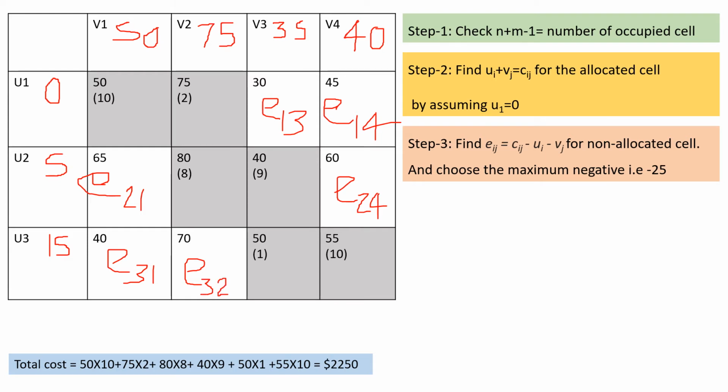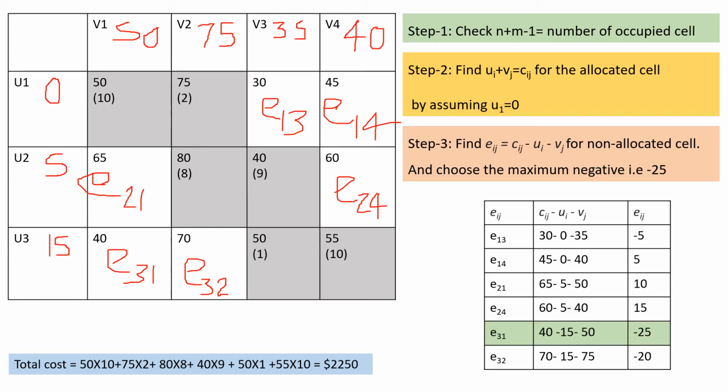We have to calculate these values and choose the maximum negative. The maximum negative E value decreases the total transportation cost when we allocate items to be transported to that particular cell.